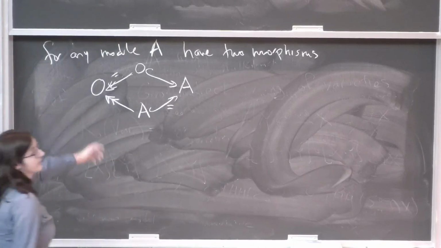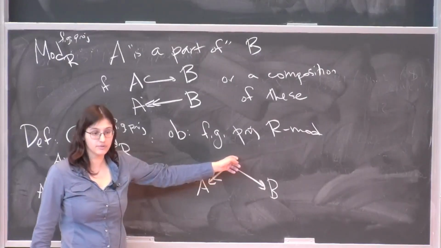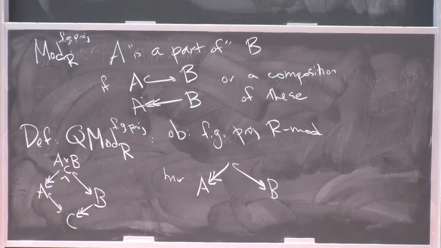And these are different. In this category, it's only if you choose isomorphic things that they're going to be the same. And assuming A is not 0, these are not the same.